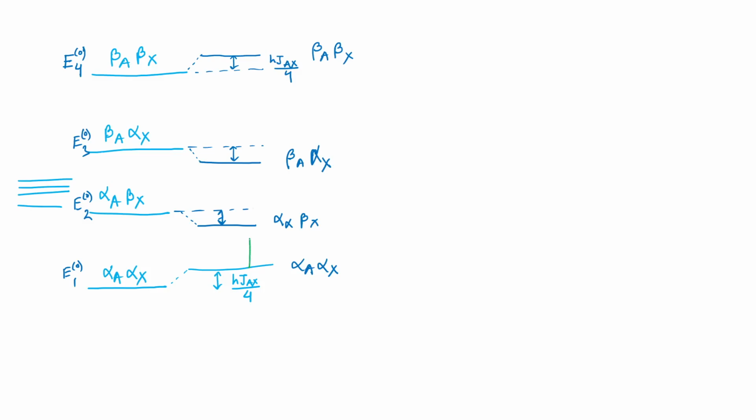Here to here will lead to alpha X to beta X. Here to there, alpha A to beta A. Here to there is alpha X to beta X, and 2 to 4 was alpha A to beta A. So overall you can see, but previously you saw the energy levels are the same.